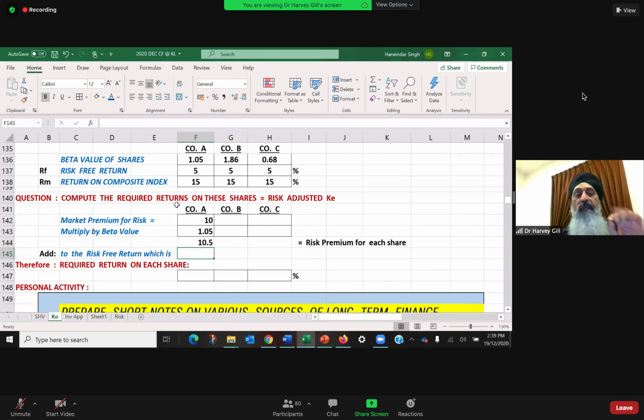That is the risk premium applicable to company A shares. Yeah, 10.5. To that we add the risk-free return, which is of course 5%. And we will therefore get the overall required rate of return as 10.5 plus 5, which is 15.5%. So this is how we use the CAPM model to get the required rate of return.